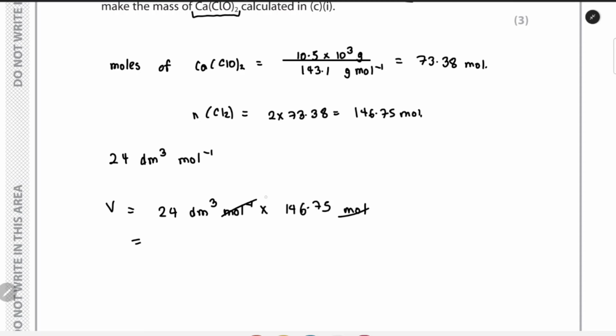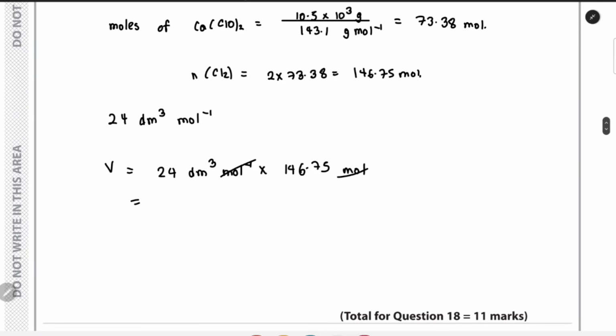The moles will cancel out. I'll get a value of 3522 dm cube.